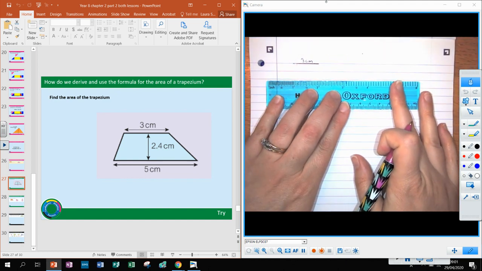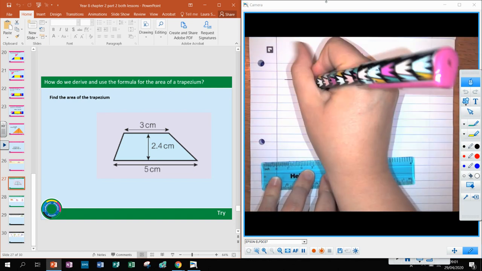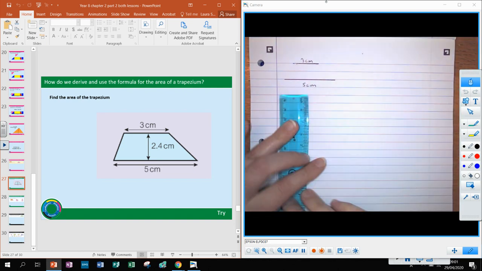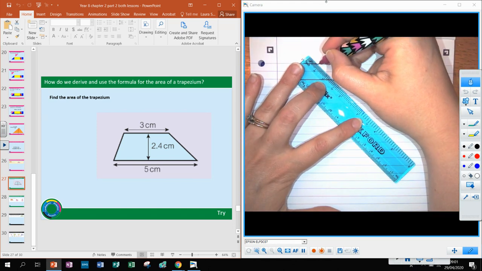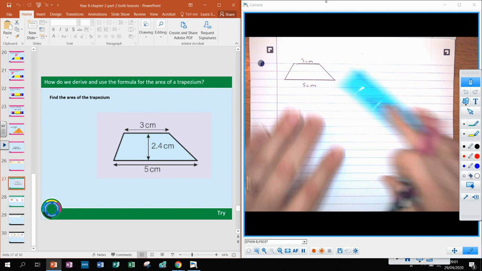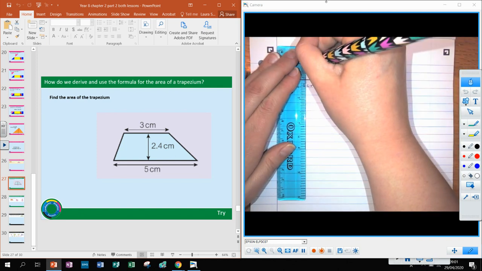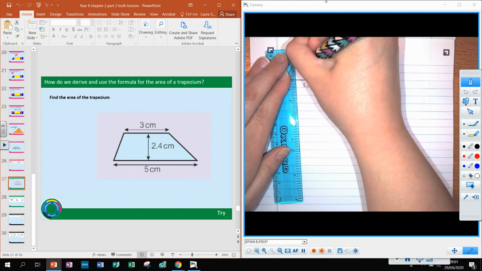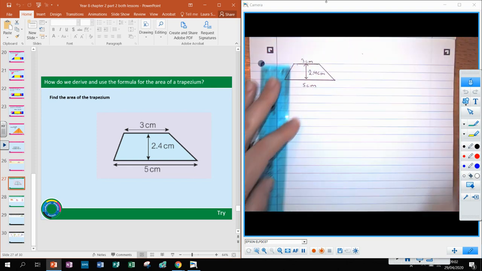They've told us that this part is 5 centimeters. Okay, let's connect. And make sure when you do questions that you do a diagram as well. Okay, I keep reiterating that in these videos, but it does help you in terms of understanding what you're doing. Okay, and that's 2.4 centimeters there.